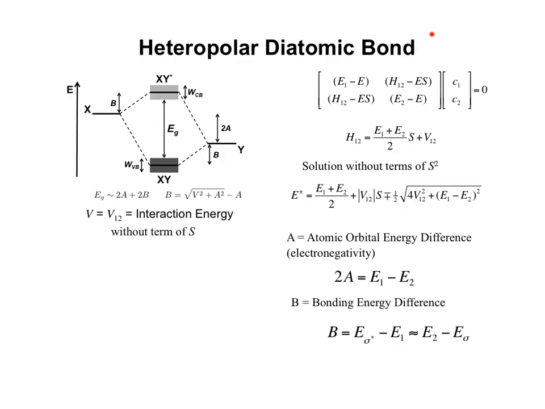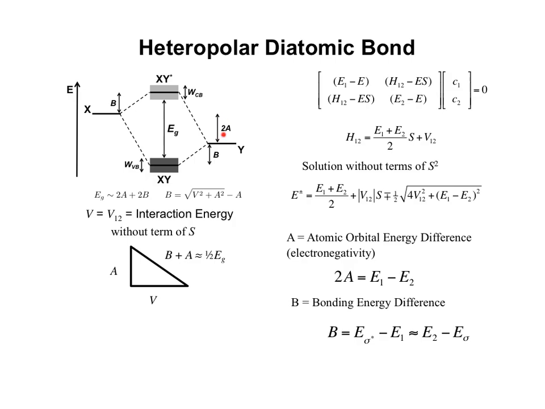The solution to the matrix equation then gives us the energy of the bonding interaction in terms of the interaction energy V, here V12, and the difference in energy between the two atomic states, A. Thus, the reduction in energy due to bonding, or B, depends not only on the interaction energy from the quantum mechanics, but also on the difference in energy between the two states to begin with.